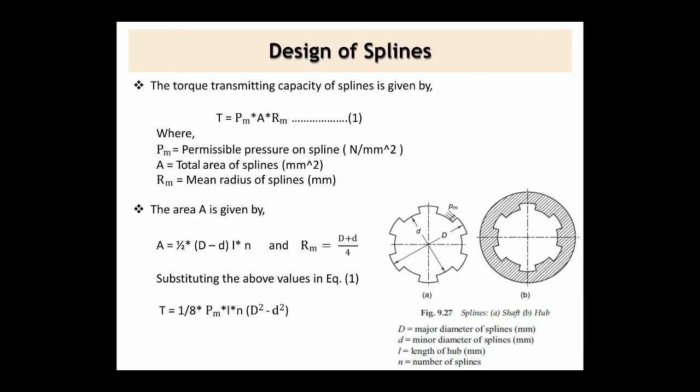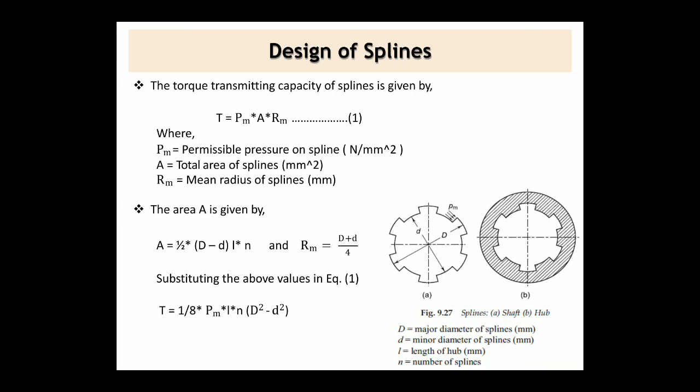A is the total area of the spline in mm square, while Rm is the mean radius of the spline. Now the area A can be obtained by A equal to half of (D minus d) into L into N, while Rm can be obtained by the addition of the major diameter and minor diameter of the spline divided by 4.